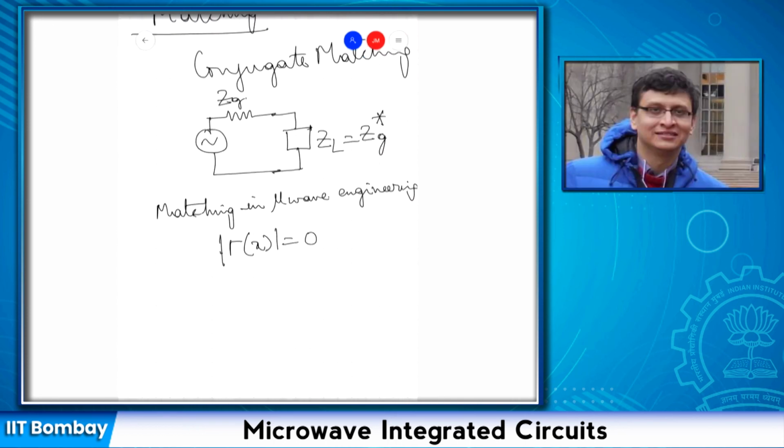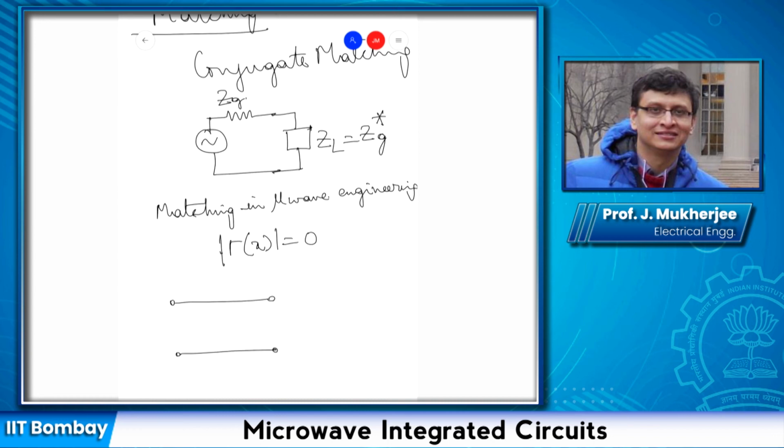Now one important relationship I want to establish for a transmission line. Say again there is a load ZL connected. Again this transmission line has two parameters, Z0 and theta.